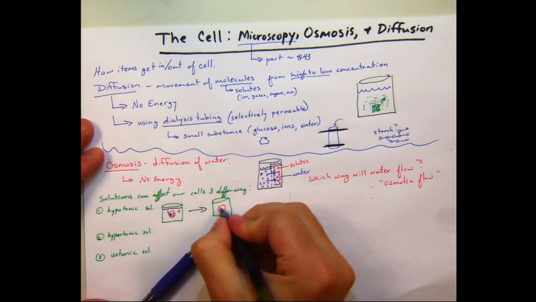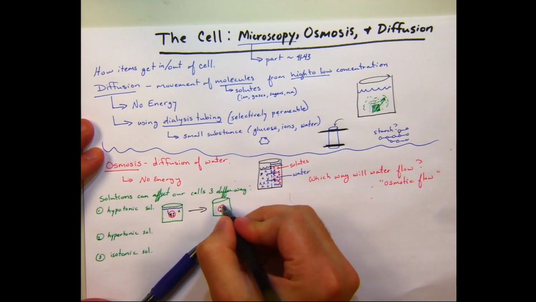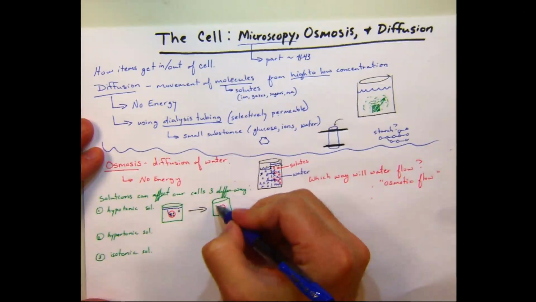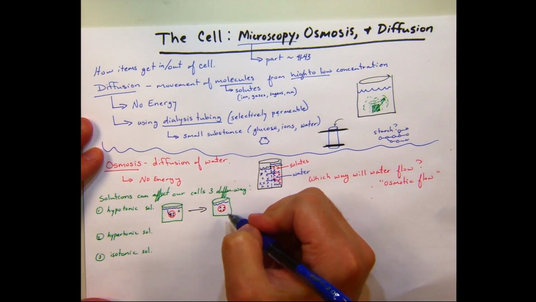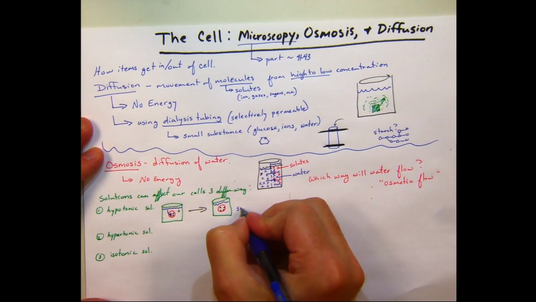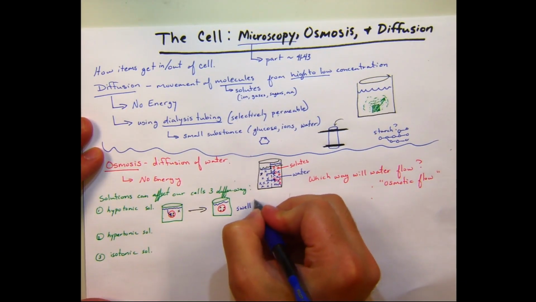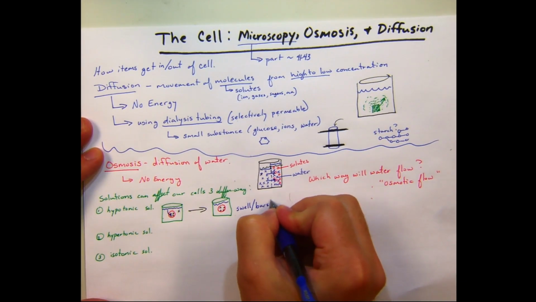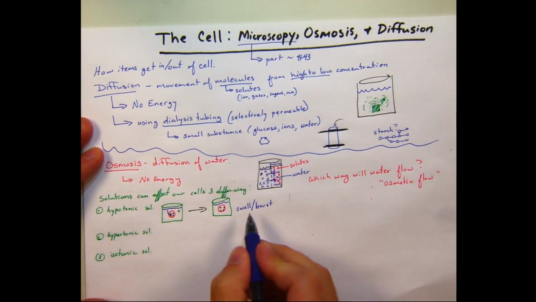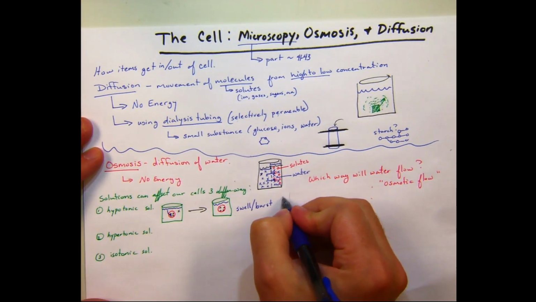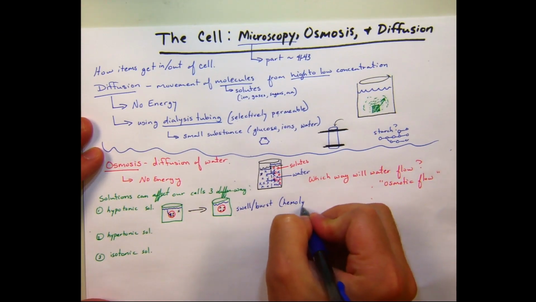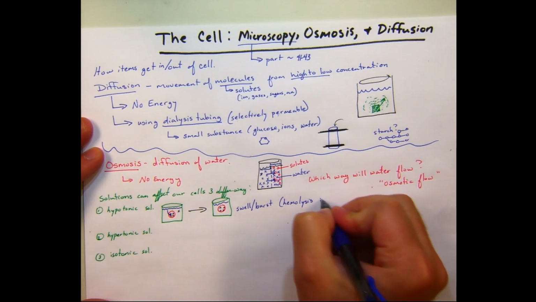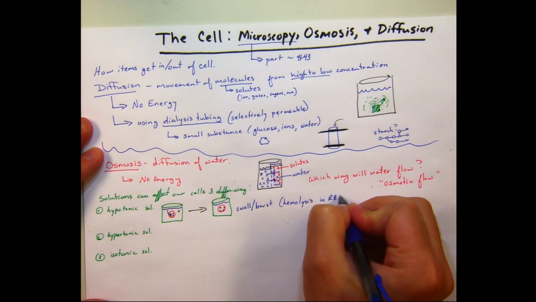So that's going to dilute these a little bit, causing this cell to either swell or even burst. If this happens inside a red blood cell, this is referred to as hemolysis in red blood cells.